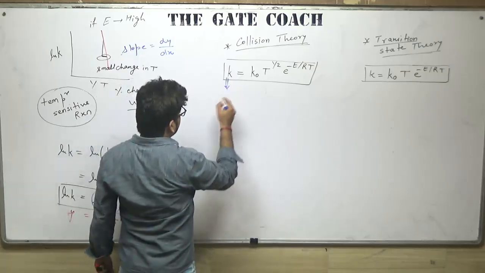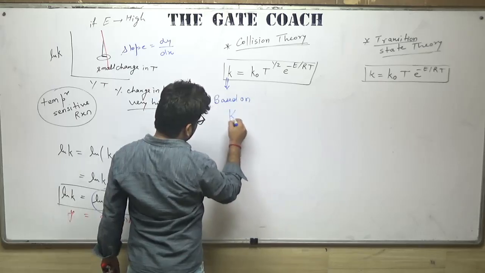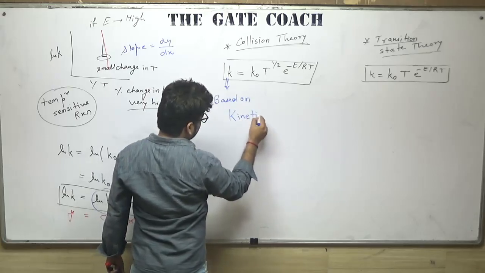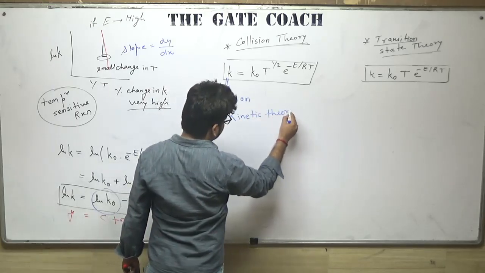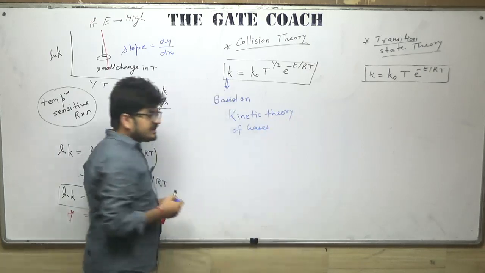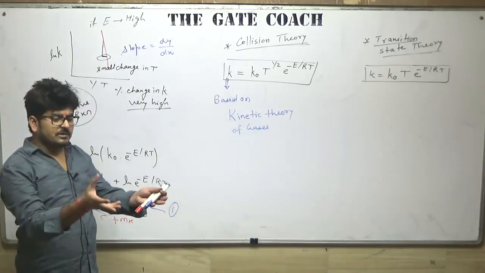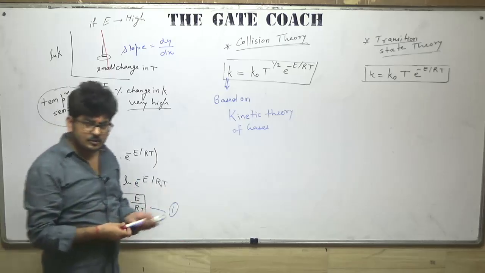This theory is based on kinetic theory of gases, and as all of us know, kinetic theory of gases is based on the number of collisions between the gaseous molecules.